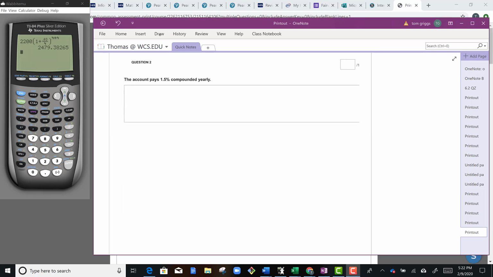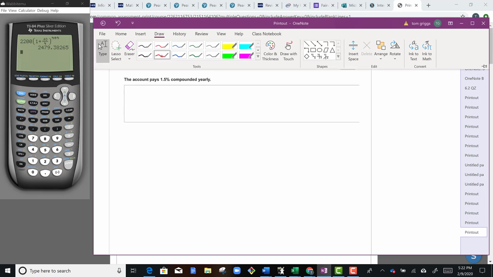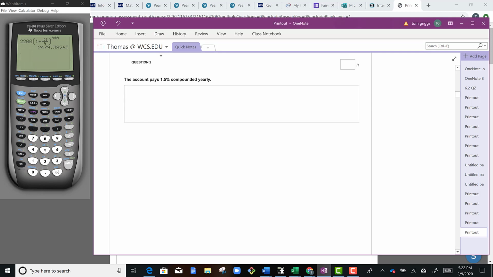Really the only difference in this next problem, I won't work it all out, but just to make sure we're clear, our rate is 0.015, and we're compounding yearly, which means we're compounding 1 time a year, so n is equivalent to 1.